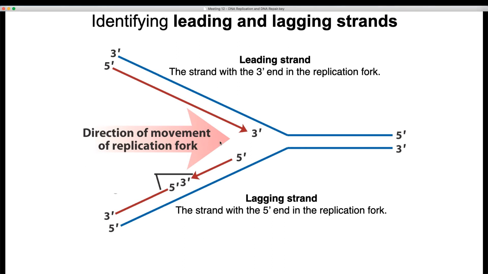The way you figure that out is you look at each strand that's being made, okay, so both in red here. The strand that is being made in the 5' to 3' direction and in the same direction that that replication fork is moving, that's the leading strand. The strand that's being replicated in the opposite direction that this replication fork is moving is called the lagging strand. So make sure that you can differentiate the two.